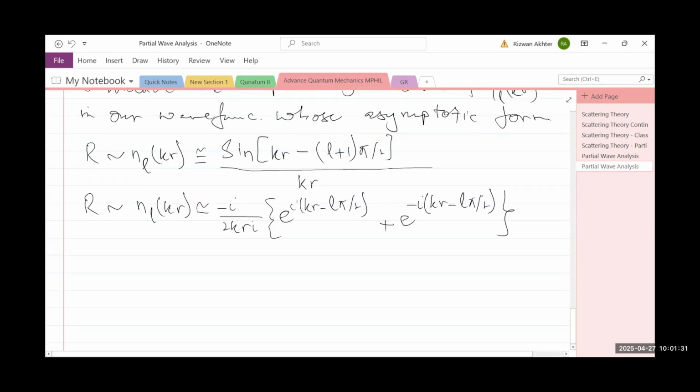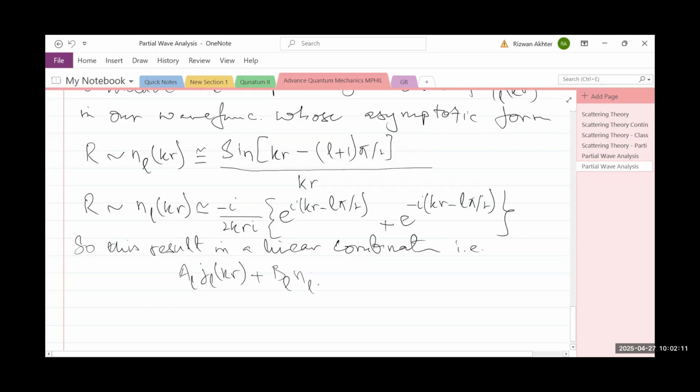So we can write here, the result from the Neumann function can be substituted in the linear combination, that is the linear combination we wrote in the beginning: A sub L J sub L of kr, which is the first part, plus B sub L, and then the Neumann part, N sub L of kr.